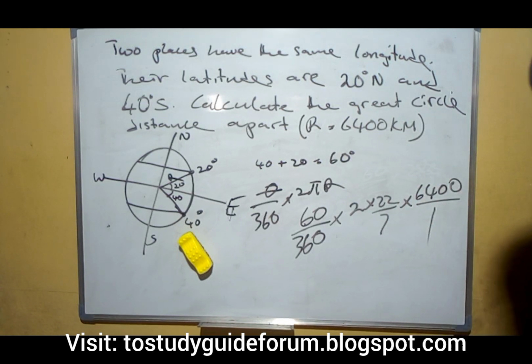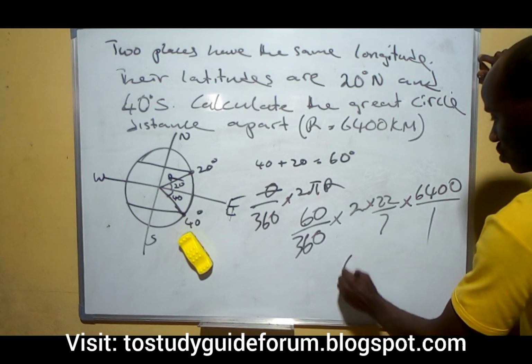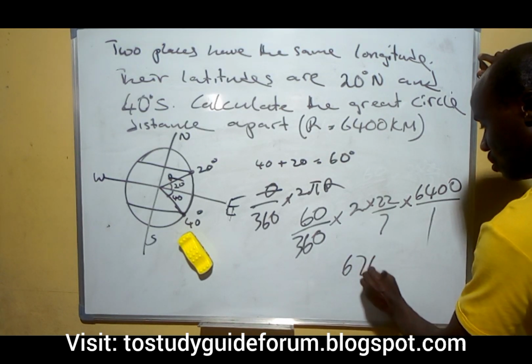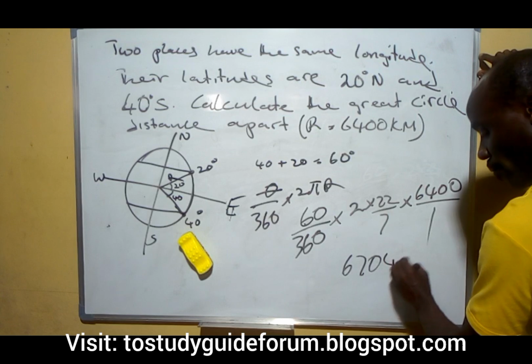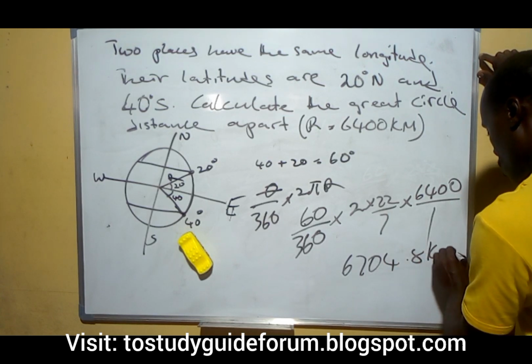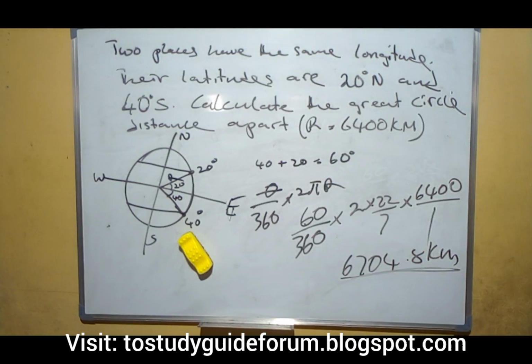So what we have when we divide through is that the distance is 704.8 kilometres as the final answer.